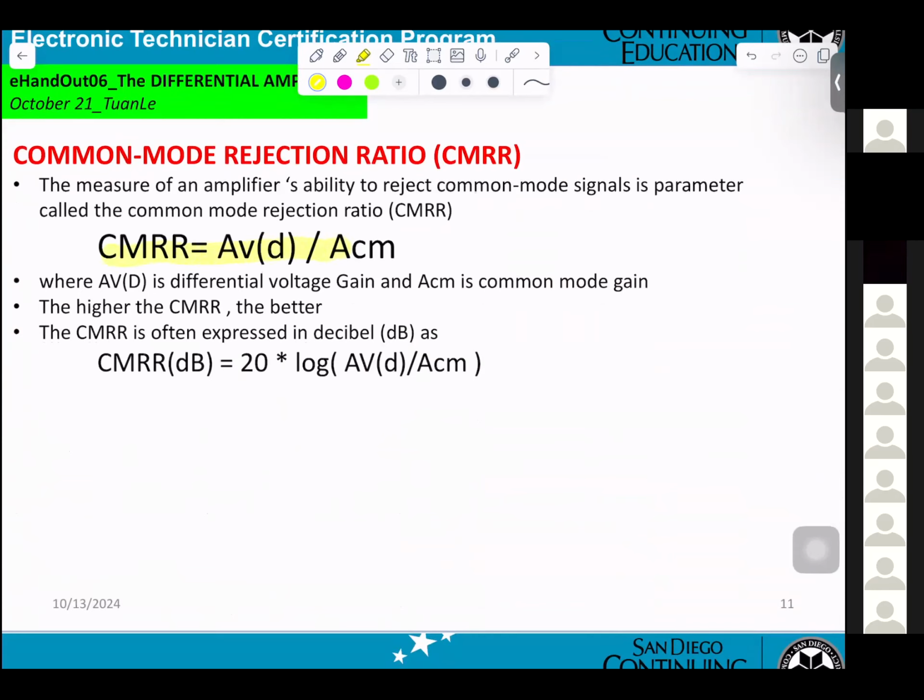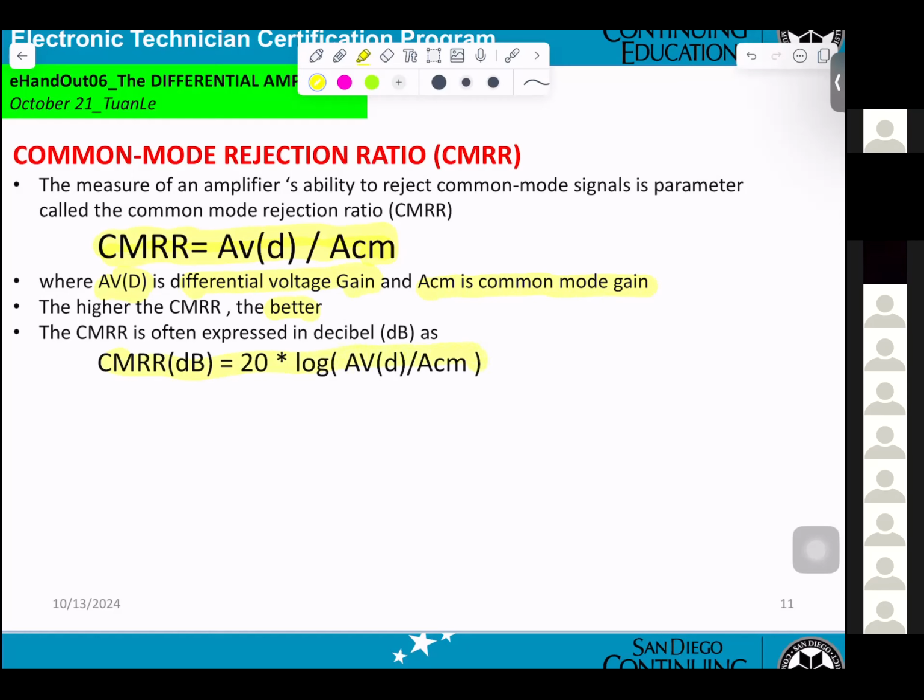This is the formula to calculate it. AVD is the differential voltage gain, and ACM is the common mode gain. The higher the CMRR, the better. The CMRR is often expressed in decibels, dB.